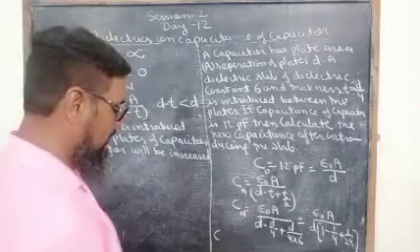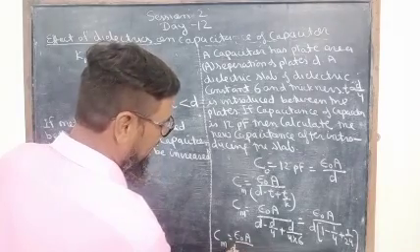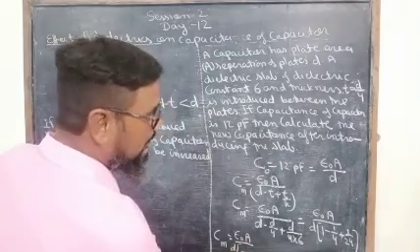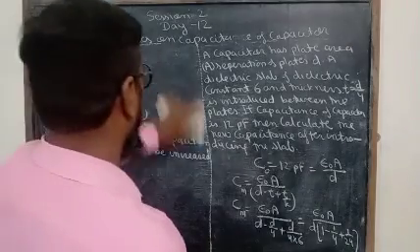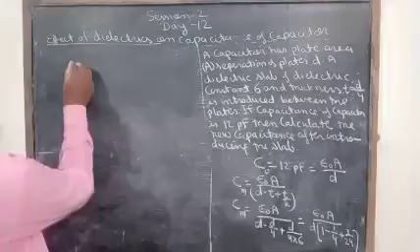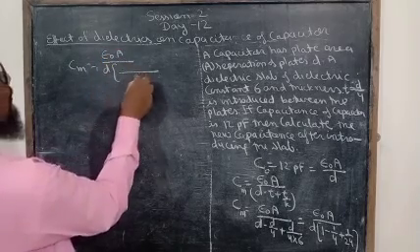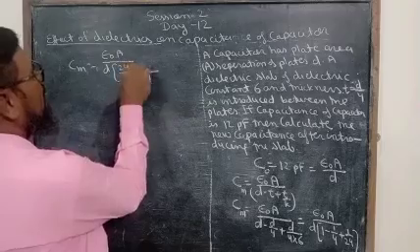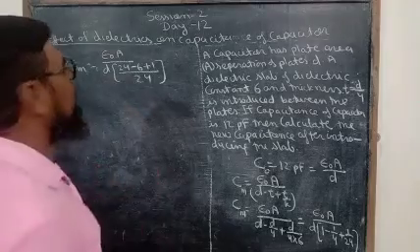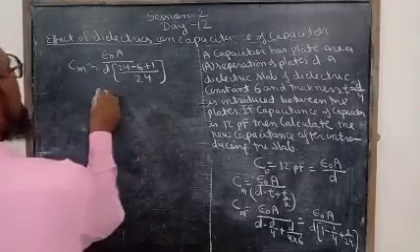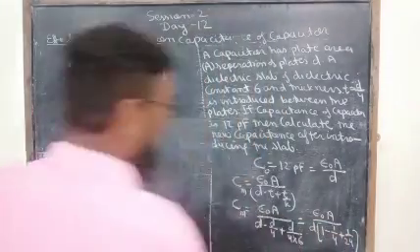And the value of Cm is equal to epsilon naught A upon D into, 24 is the LCM, so 24 minus 6 plus 1.